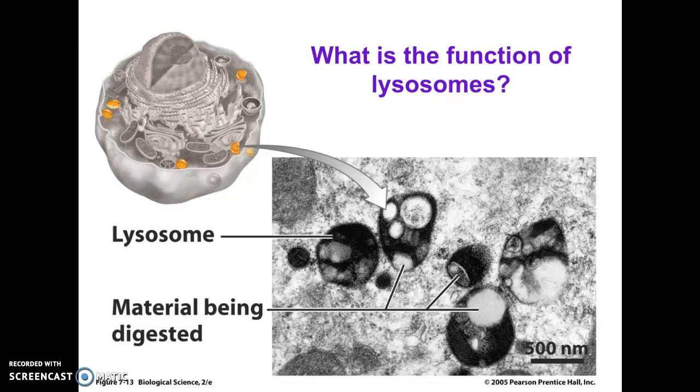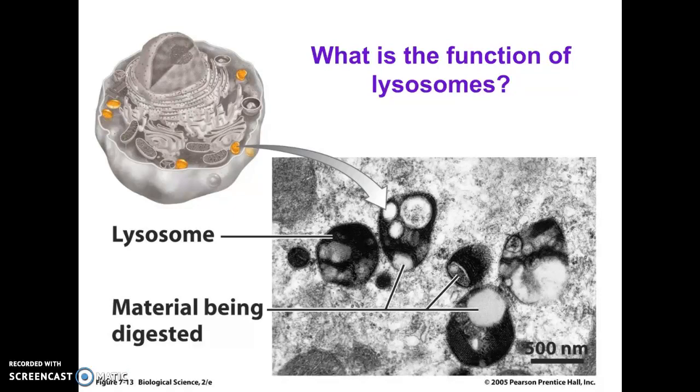The lysosome is full of a whole bunch of enzymes. These enzymes could digest all of the proteins of the cell, so as a defense mechanism, consider that a lysosome might pop and all of those enzymes would go and digest everything.